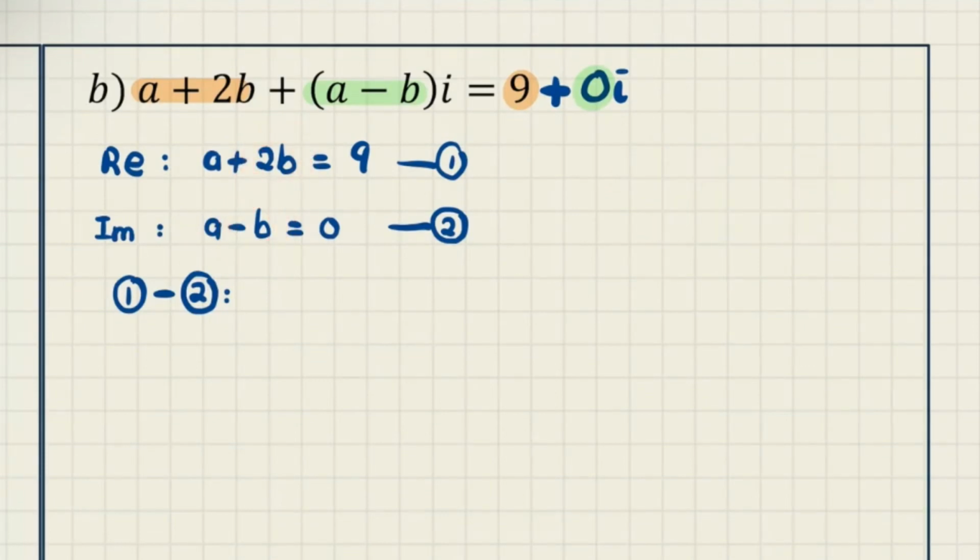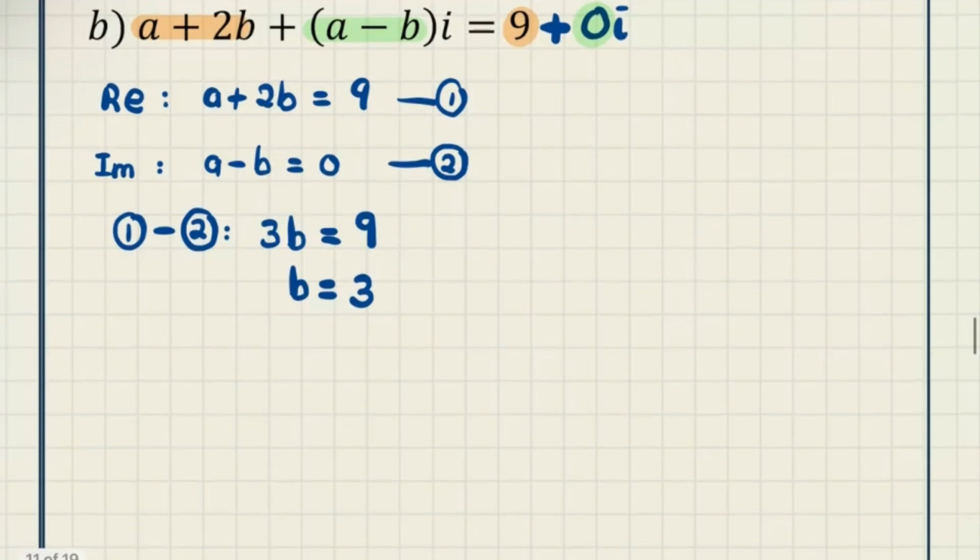So now we have 3B is equal to 9 minus 0. We have 9. So that means our final answer will be 9 divided by 3. So I get 3. Okay, so my B is 3. And then we can substitute into the second equation.